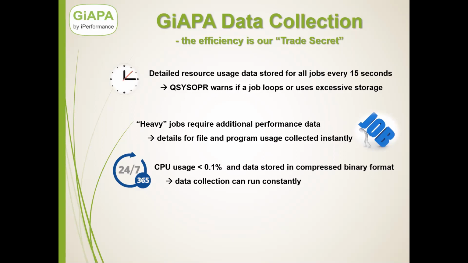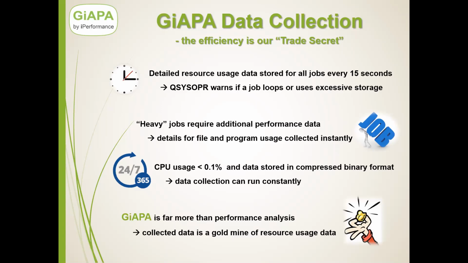This field length in bits, an example, job IDs, as we all know, are 26 bytes. We store them on average in 25 bits. And of course, they're still unique. Therefore, our customers run GiAPA 24/7, meaning that data always is available to analyze any incident at any given time.